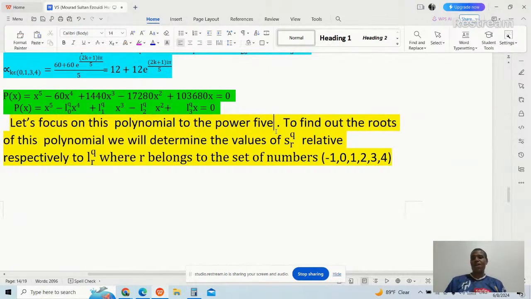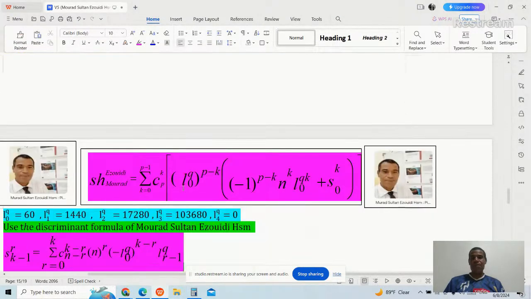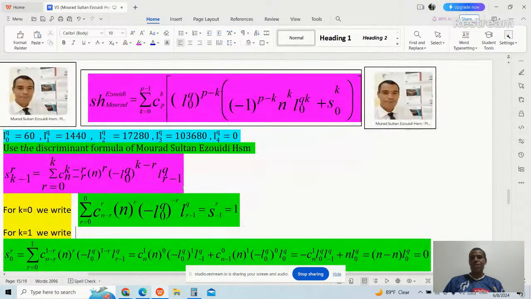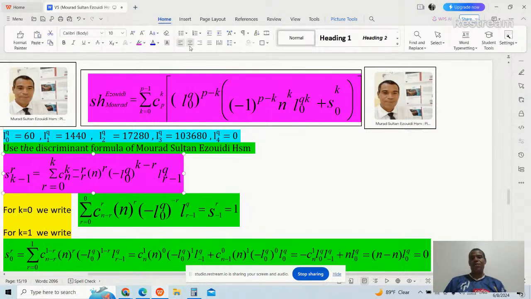So in order to find the roots of this polynomial, we should determine the value of S_r relative to L_r of order q. Here r of course belongs to -1, 0, 1, 2, and 3. Let's focus on these, learners. We have a formula, the discriminant formula, called the discriminant formula of Mourad Sultan Ezouidi.